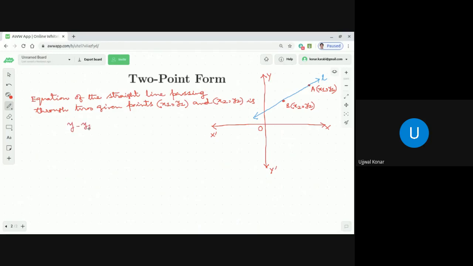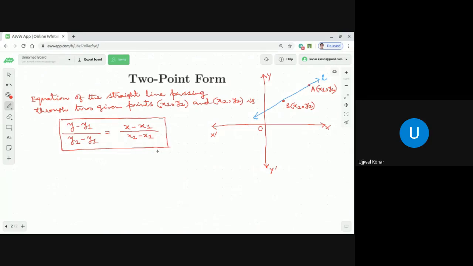y minus y1 divided by y2 minus y1 is equal to x minus x1 divided by x2 minus x1. In other words, y minus y1 divided by the difference of their y coordinates is equal to x minus x1 divided by the difference of the x coordinates taken in the same order.